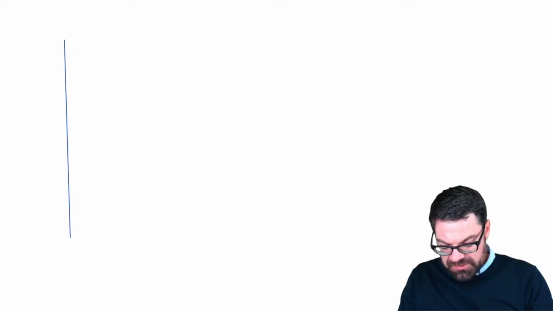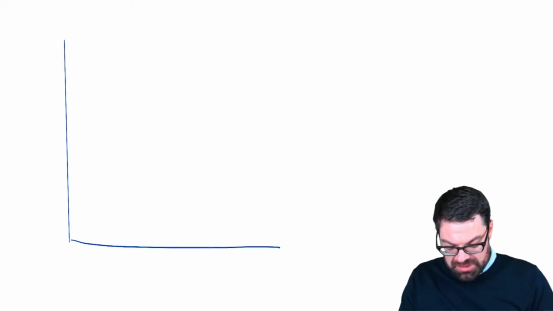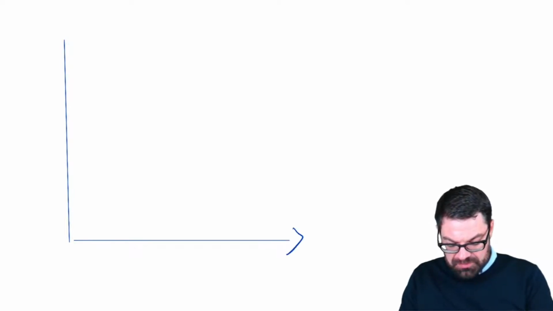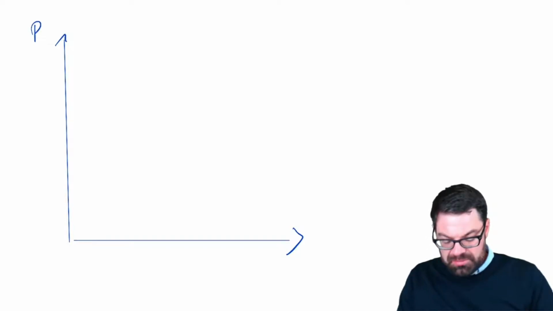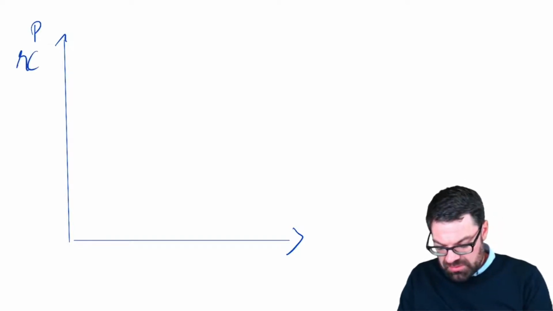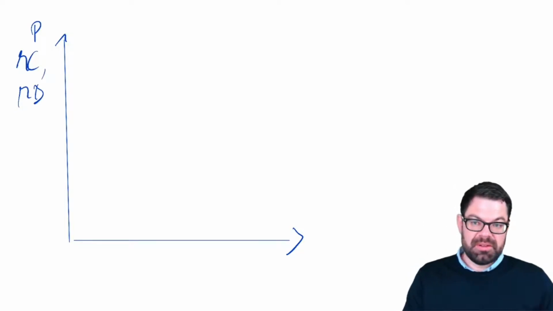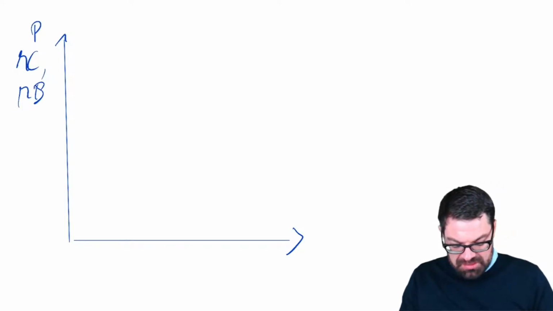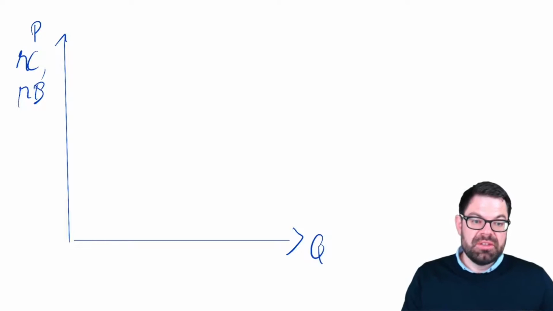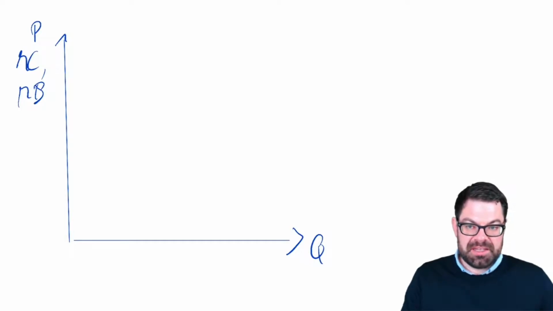Okay, so we have here first of all the price or marginal cost or marginal benefits on the vertical axis, and we have the quantity Q on the horizontal axis.